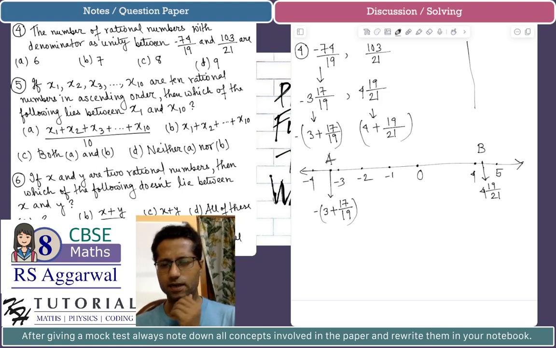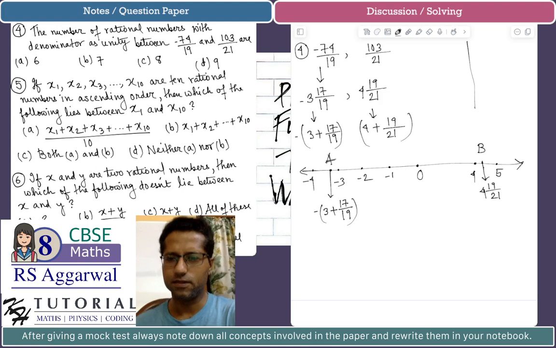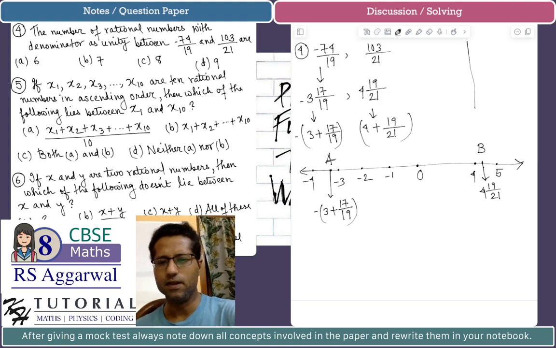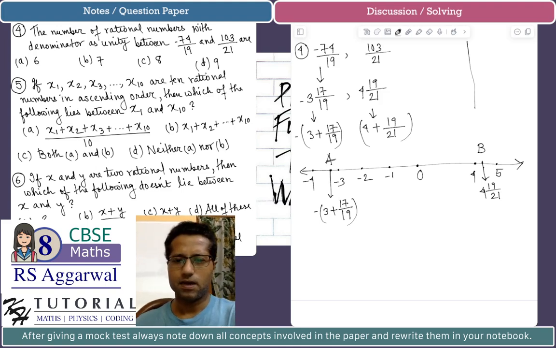So I can see that the negative rational number is lying between the two integers -3 and -4, and the positive rational number 4 and 19/21 is lying between the integers 4 and 5. So how many integers can we see between the point A and B?